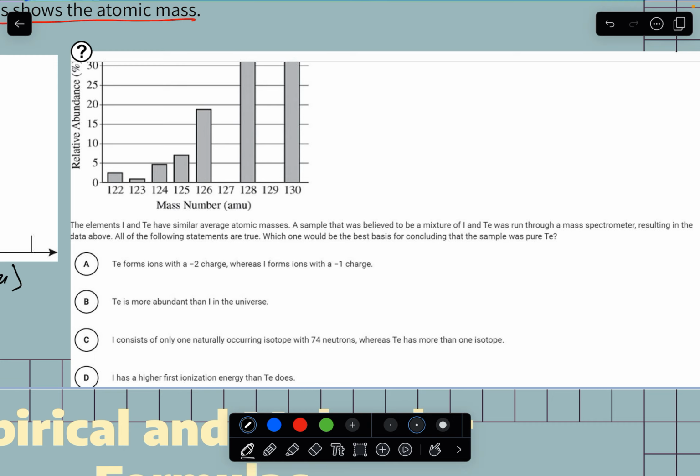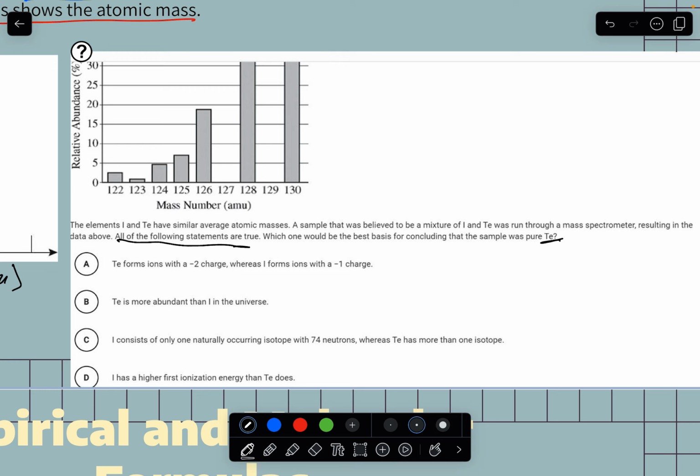All the following statements are true. Which of the following could be the best basis for concluding that the sample is pure tellurium? So all these statements are true. They're not lying here, right? They're giving you facts about both iodine and tellurium. But it's asking which one supports that the graph it gives us is just for pure tellurium, right?